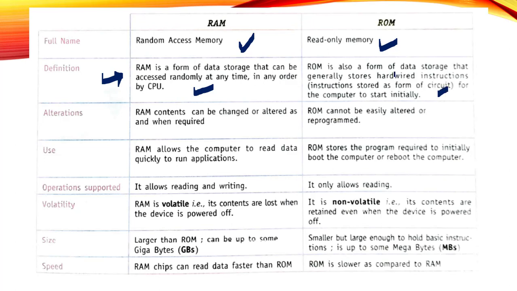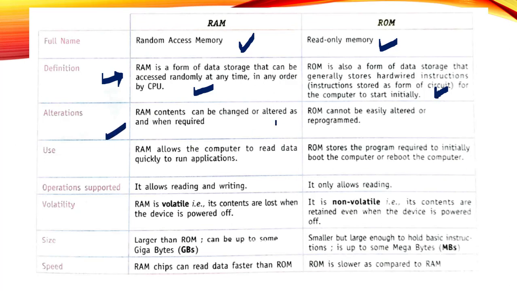ROM is also a form of data storage that generally stores hardwired instructions for the computer to start initially. It means in the ROM we have some common instructions which have to be executed every time you initiate your computer system. In easy words, whenever we start our computer system, the instructions of ROM are executed first.